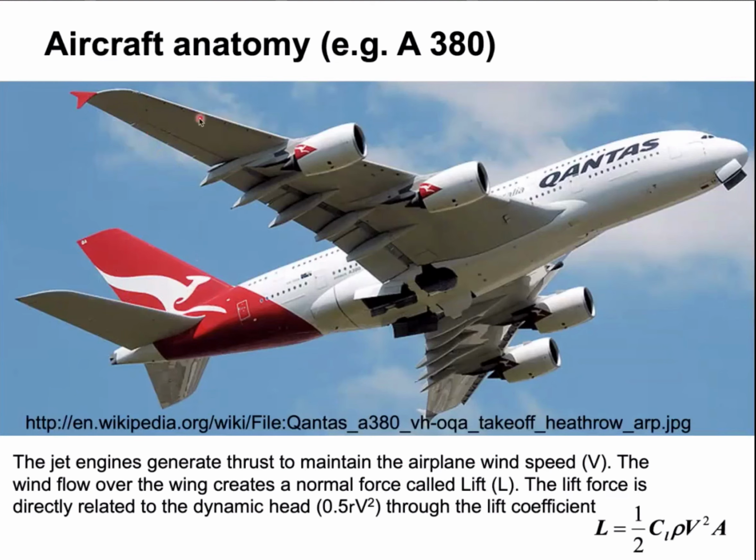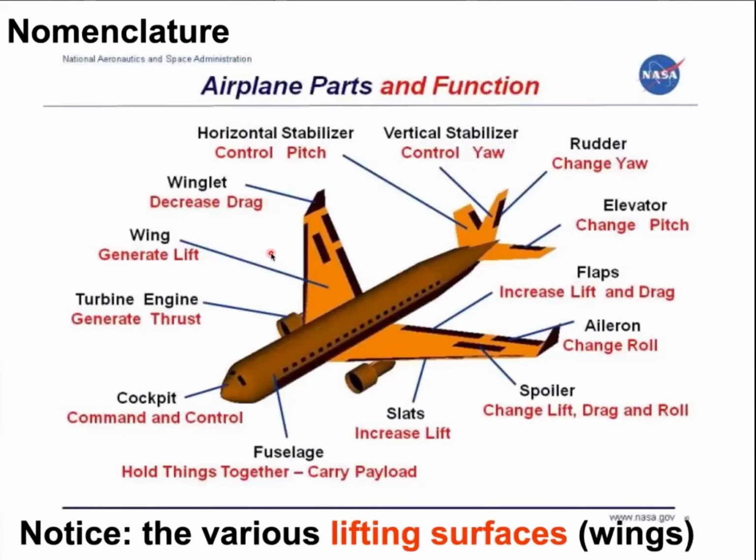If I move to the next slide, you'll see that we have different kinds of wings. We have the wing that generates the lift. We have the tip vortex winglet. We have the rudder and the elevator over here that stabilizes your pitch, angle of attack, and you have different types of control surfaces.